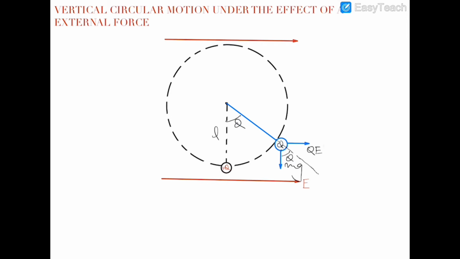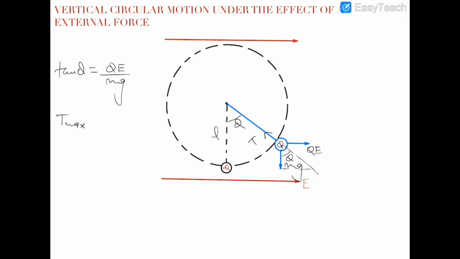So tan theta is equal to perpendicular upon base, and perpendicular is QE and base is mg. So tan theta is equal to QE by mg, and this would be the position in which the tension will be maximum.